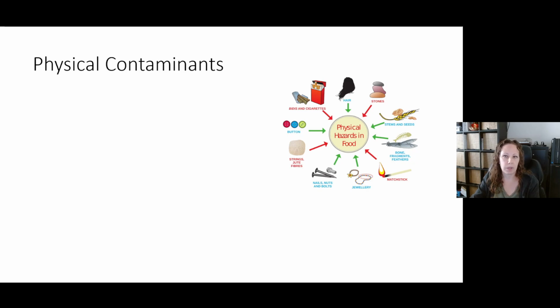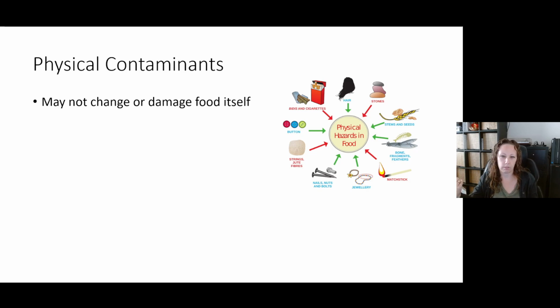So physical contaminants may not change or damage the food itself, right? It may be something like a bone that is still in the food and wasn't supposed to be. Or you got a bit of plastic in the food, but it's easily picked out, and the food itself is actually fine.